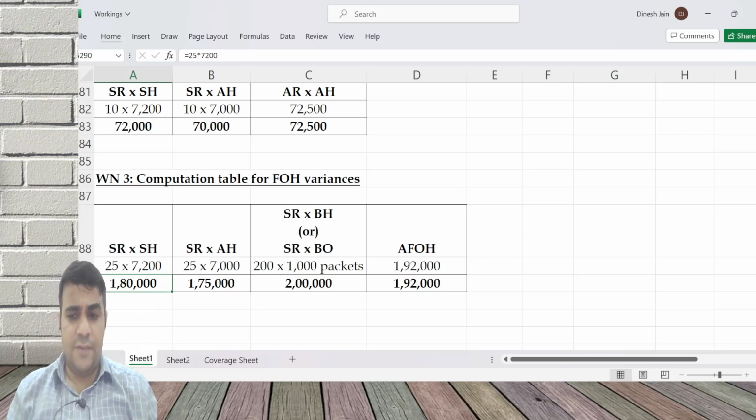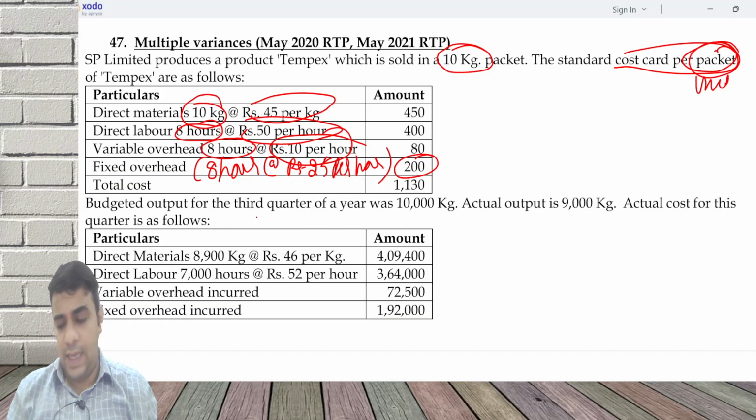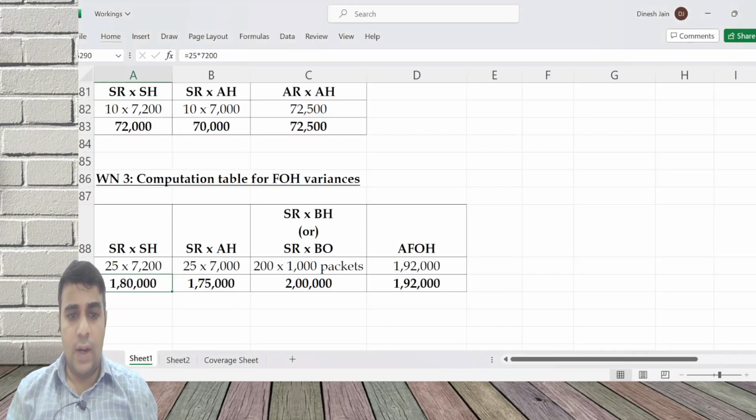Your budgeted fixed overhead: 10,000 kg or 1000 packets is the budgeted output. 200 per packet is the budgeted fixed overhead.